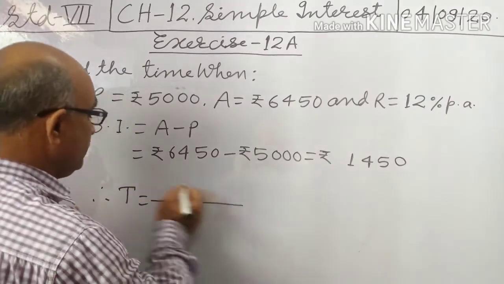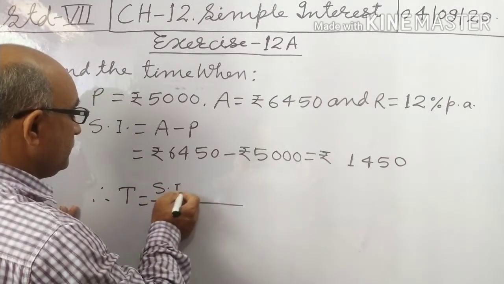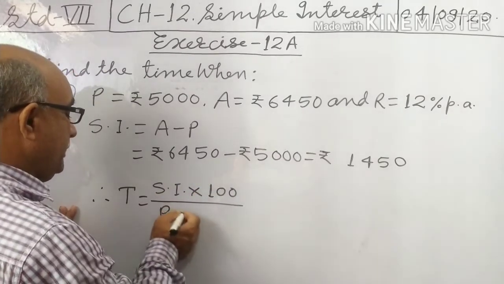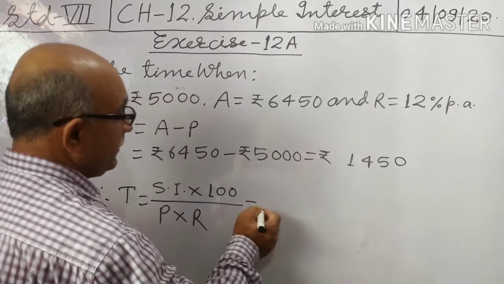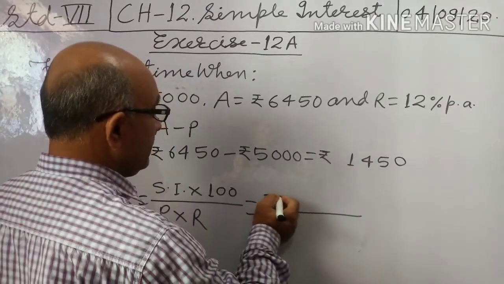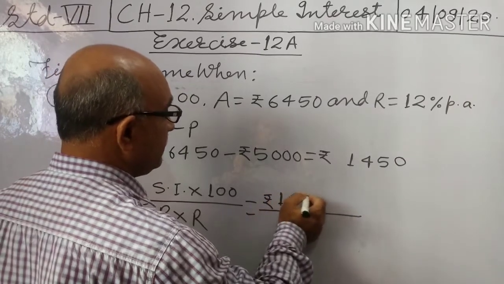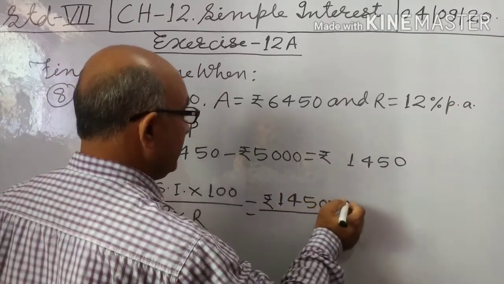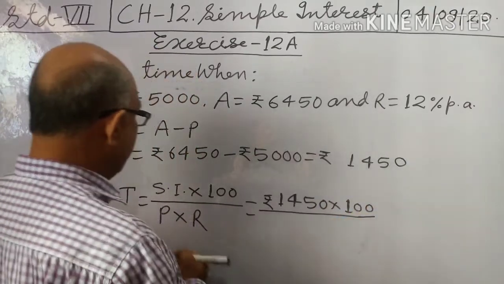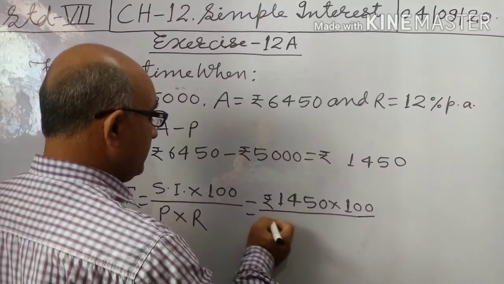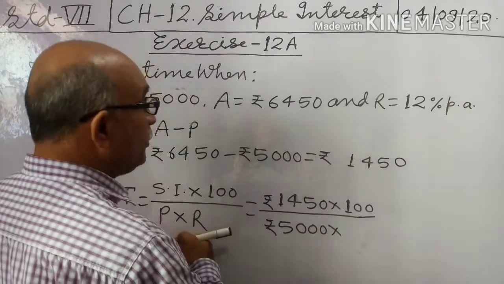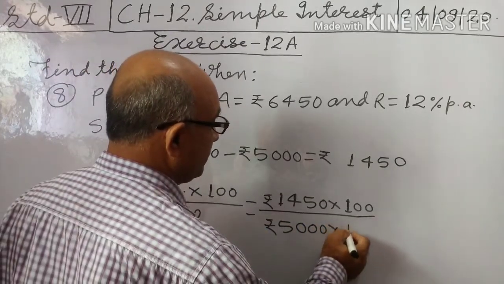Therefore find time. T equal to SI into 100 by P into R equal to SI rupees 1,450 into 100 by P, so rupees 5,000 into R equal to 12.